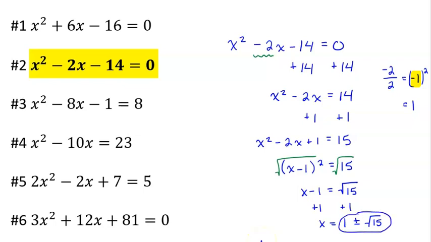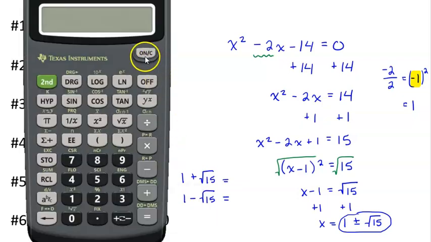Or you could write this as 1 plus the square root of 15, and then 1 minus the square root of 15. Just kind of depends on if you're taking a multiple choice test. You might see something like this where they give both of these. Or they might ask you to round your answer. In this case, we're going to use our calculator. So I'm going to go ahead and clear it out. 1 plus 15 square root equals, and I get 4.87 or 4.9.